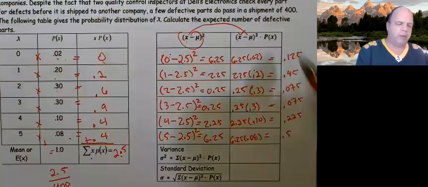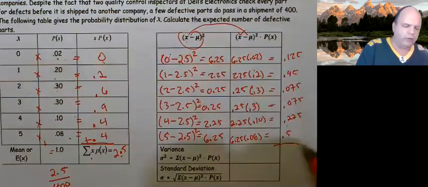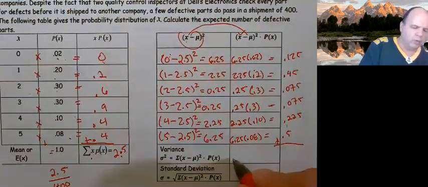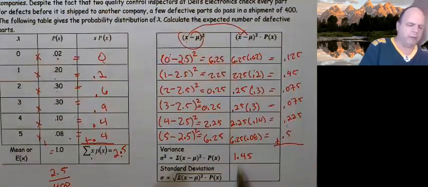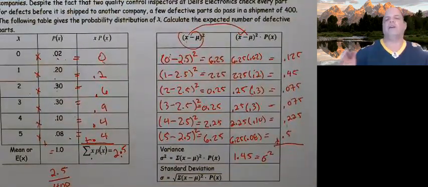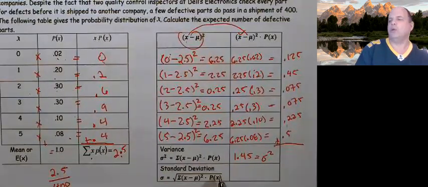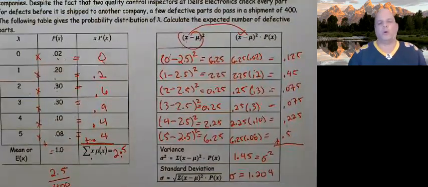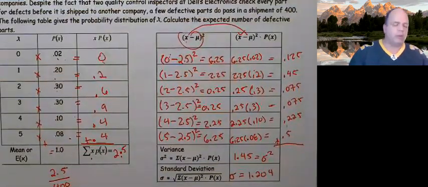And if I take all those values right there and add them up, I end up getting 1.45. And that's my variance. All right. If I take the square root of 1.45, my standard deviation is approximately 1.204. I don't know about you, but I thought that was a lot of work. Let's see if the calculator can't make this a lot better for us.